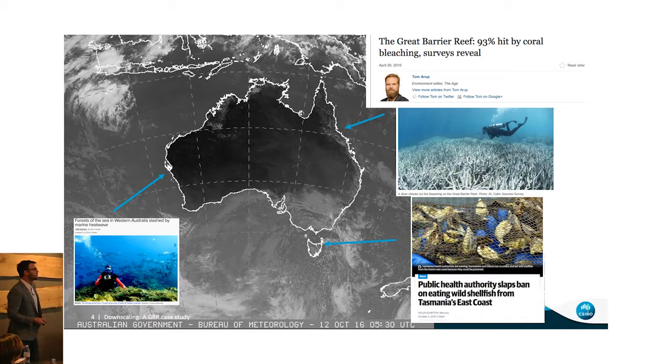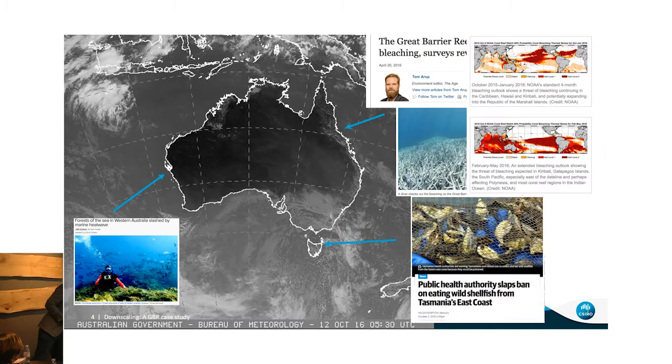And in the GBR region, there's been substantial levels of coral bleaching this year, and that was predicted at least 6 months out by NOAA. Their suggestion was that these coral bleaching events that were likely going to happen during this austral summer were not just going to be confined to the Great Barrier Reef, but were going to be pretty much international in nature.